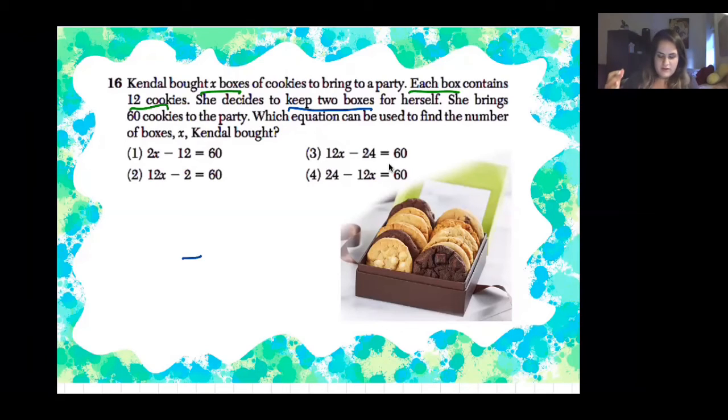And if I look here, I know that she wants to keep 2 of those. So if she's keeping 2 boxes, so 12 plus 12, she's going to end up keeping 24 cookies for herself. So the only choice that has minus 24 in it is choice 3.